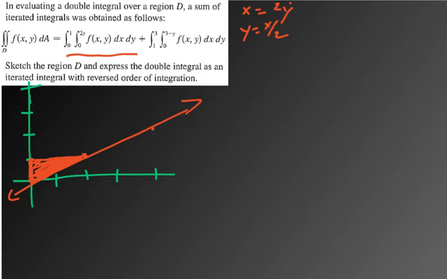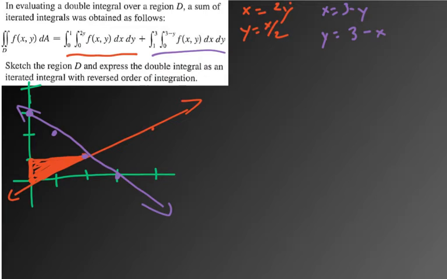Then we'll do this one in purple. So now we have x equals 0 again, and the other bound, x equals 3 minus y, so y equals 3 minus x. If I sketch that, up here at 3, down 1, we get that line, horribly drawn.